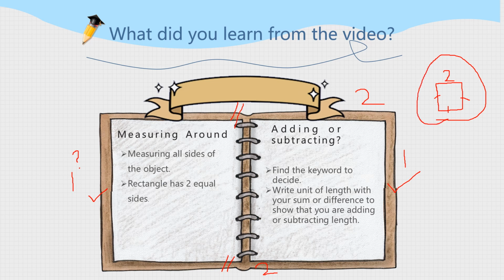Very nice, excellent. And then adding or subtracting. How can you decide that you are going to add or subtract? Excellent, by looking at the keywords. For example, if there is the word all, altogether, or how many in all, that means addition.